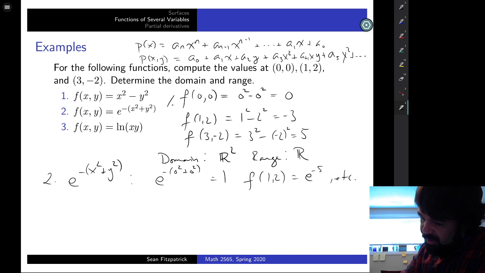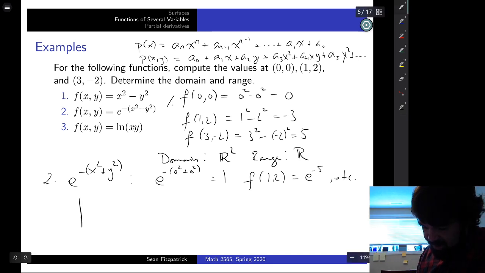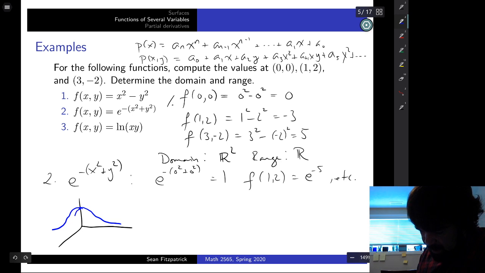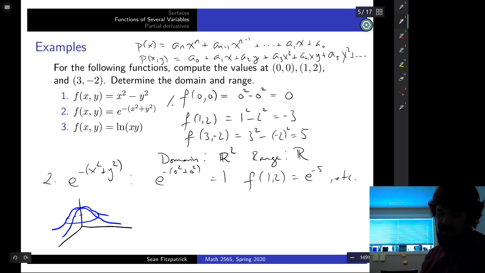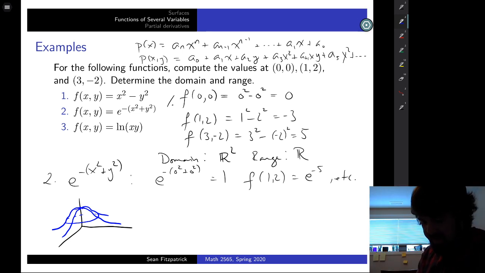Actually, this one is a cool one to sketch. If you sketch this thing, you get this kind of like hilltop thing going on. That 1 at the origin is actually the maximum value for this, and it's like a Gaussian, but it's a Gaussian in every direction. So you get this sort of hilltop thing going on for the graph.